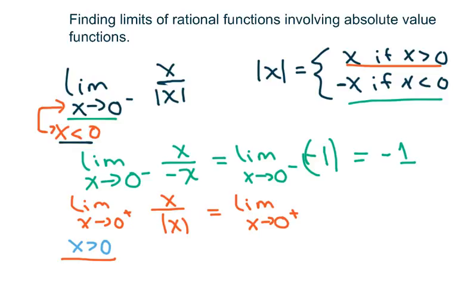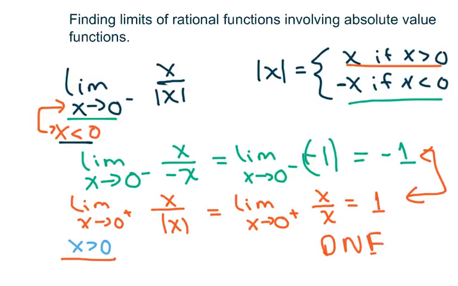We're going to get x over x. That equals 1. Since the left side and the right side don't equal, the two-sided limit does not exist. And that would be your answer if you had to do both sides.